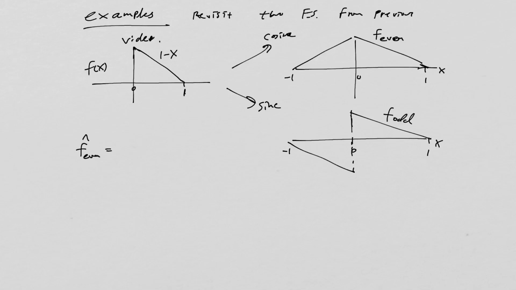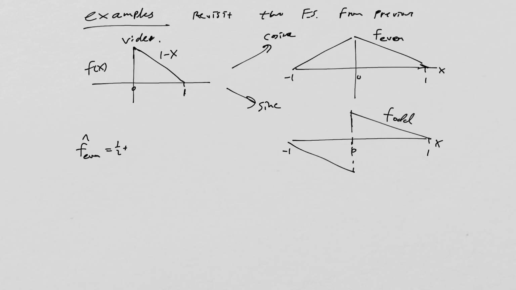One was f even hat, and that was represented by the sum 1/2 plus k equals 1 to infinity of... Actually, let's back up here and not use the k.